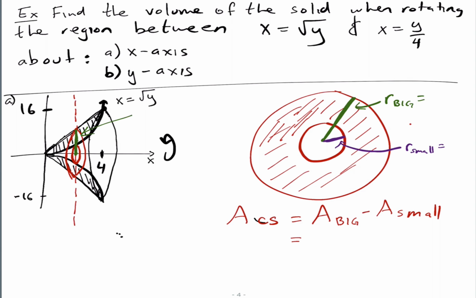All you need to do is think about whether, when you slice it, your thickness is a delta x or a delta y. Notice I slice it vertically like this, so my slice is standing up. If I give it a little thickness here, it would look like that. Is that delta x or delta y? That's delta x, so you're going to be integrating with respect to x.